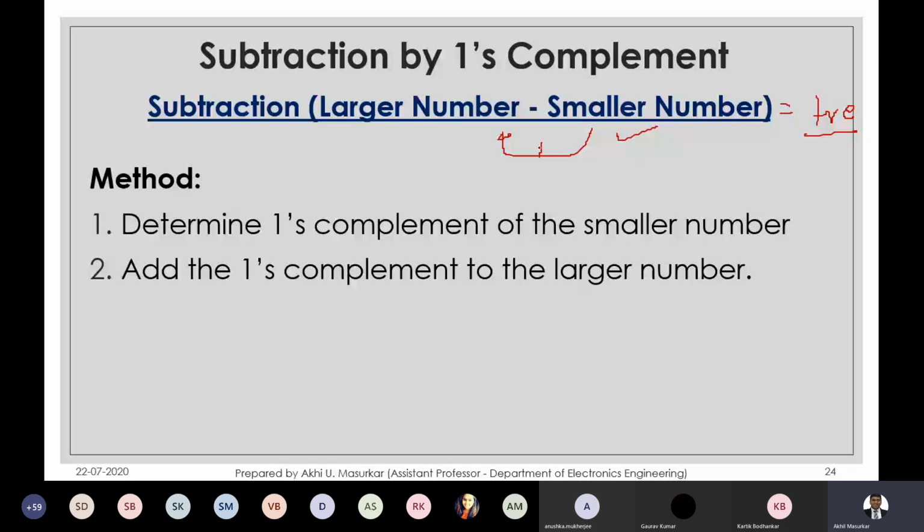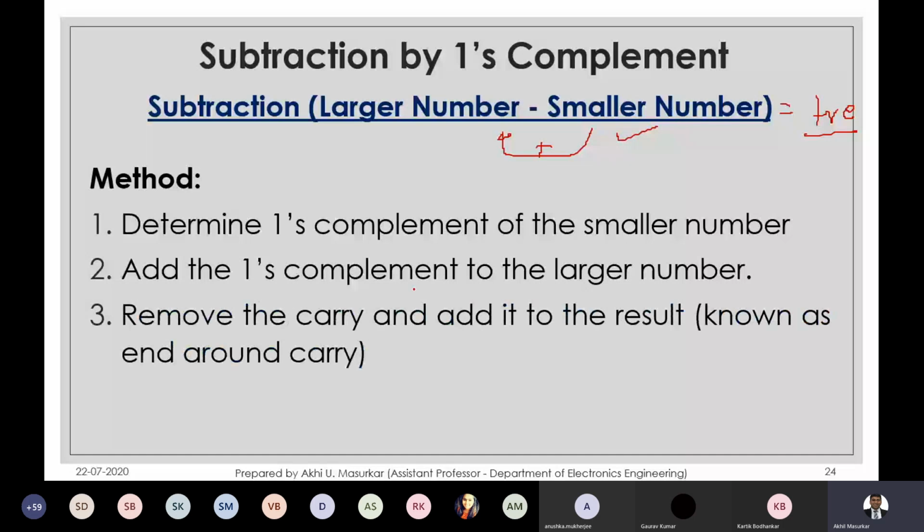Remove the carry and add it to the result. So if you add something and if you get some carry, then you have to add it back to the result. Adding the carry back to the result is called end around carry.